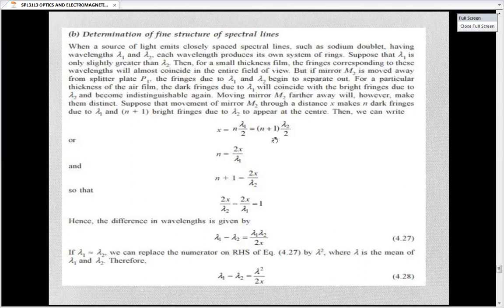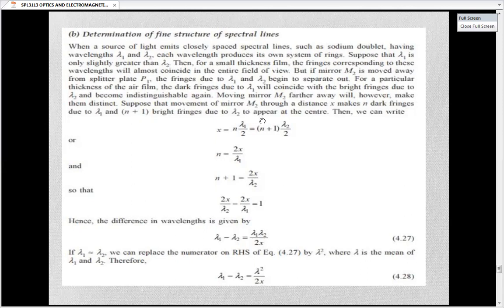So again, much of it is contained in this literature here, and the equations are also easy to follow, where x is the distance of movement of one of either of the mirrors.